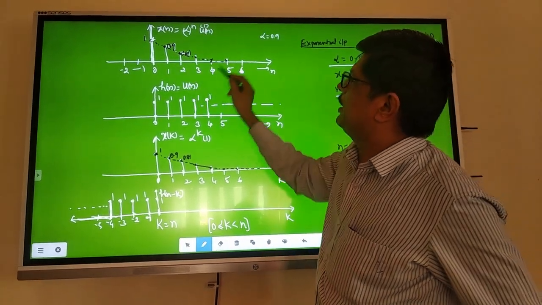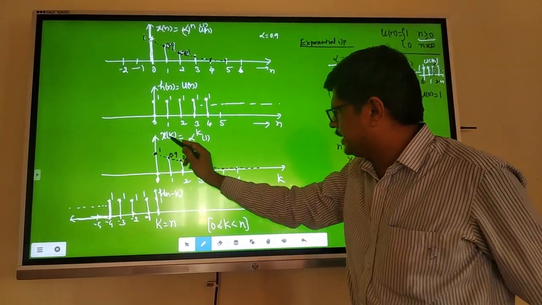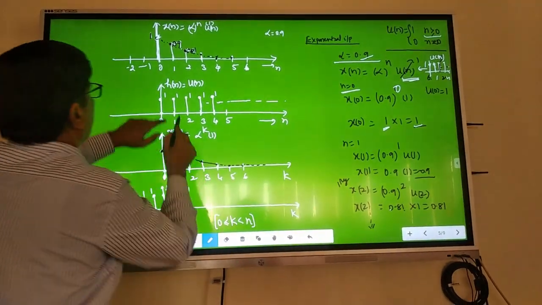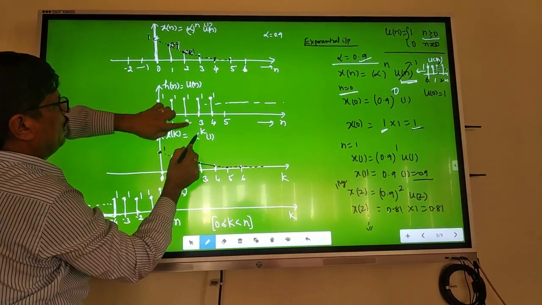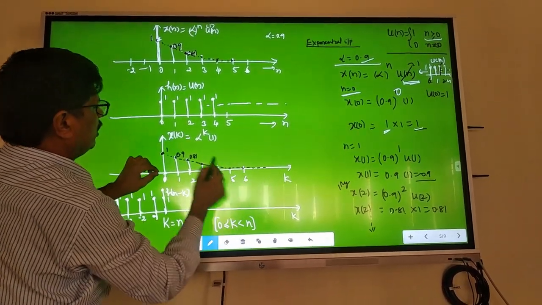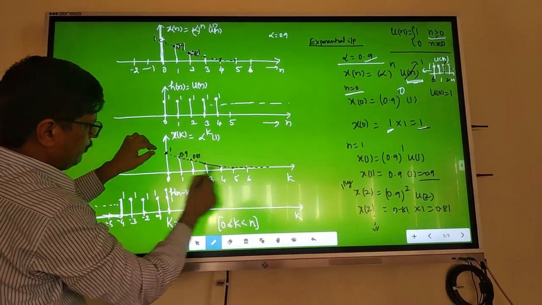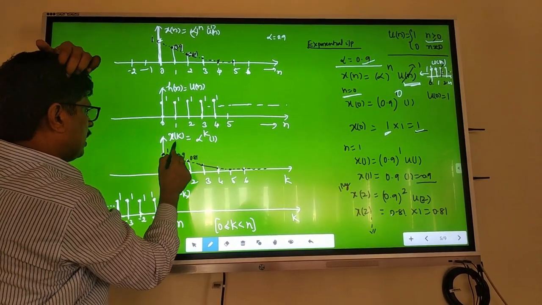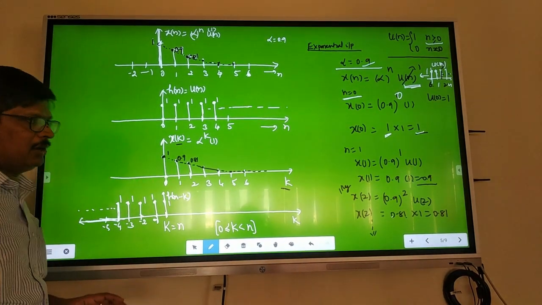Next two graphs: I am writing the same. x of k versus k, you write with no change. x of k is equal to alpha to the power k into u of k. The graph is the same: at 0 it is 1, at 1 it is 0.9. Only the k domain. This is k.